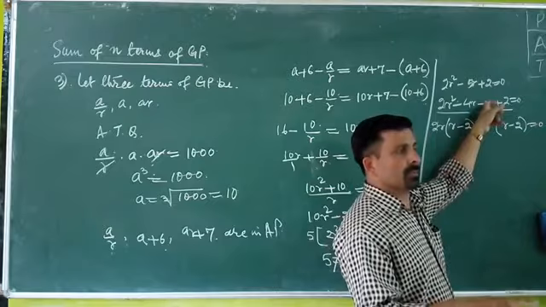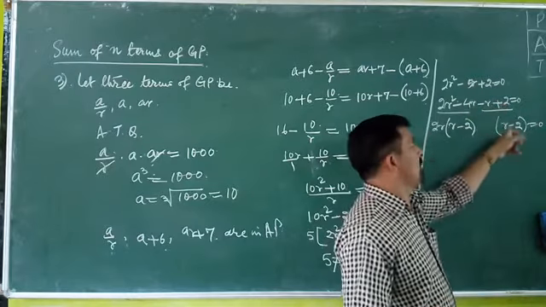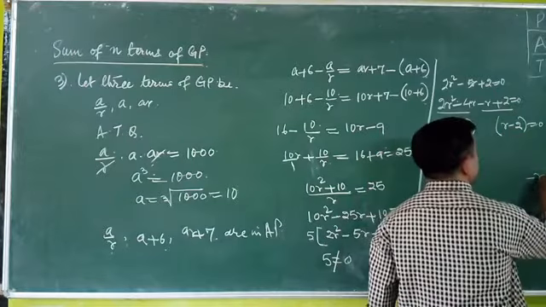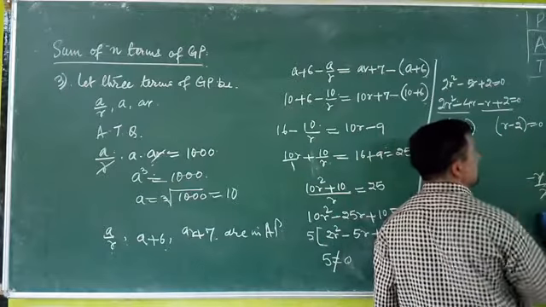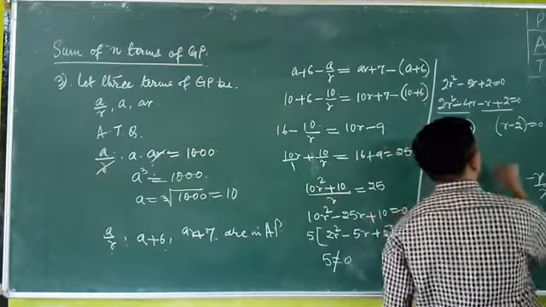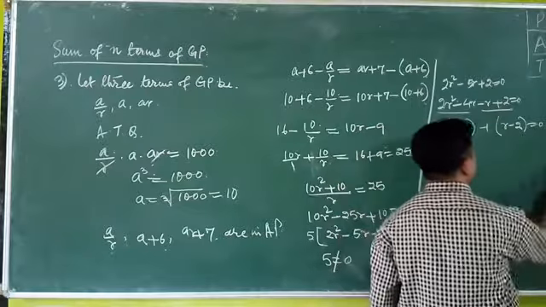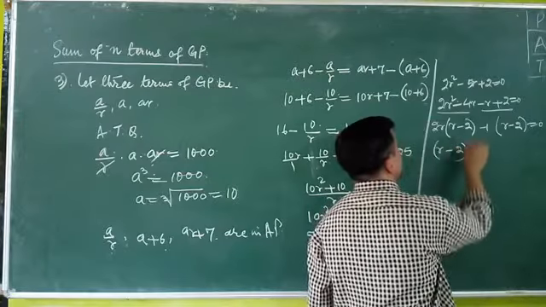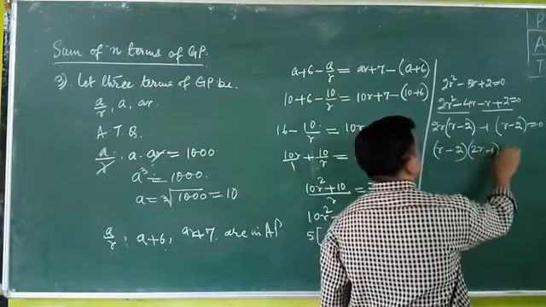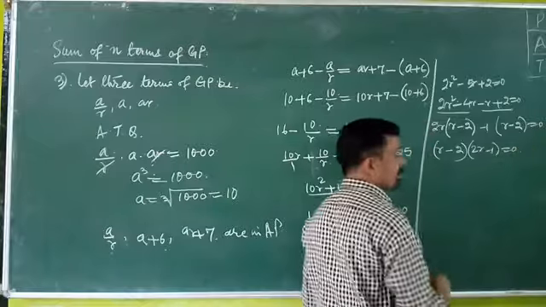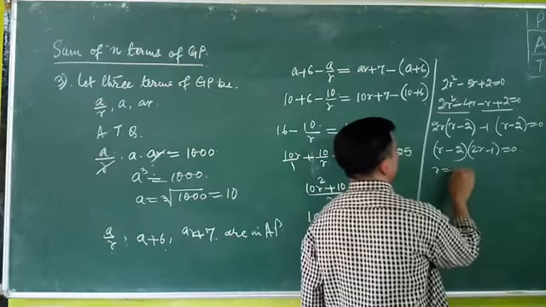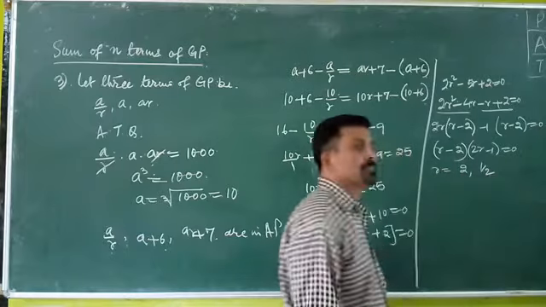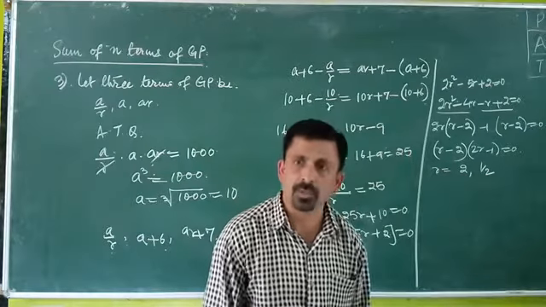Minus r divided by r, how much is left now? Minus 1. And this became the common factor. And therefore, r minus 2 and then 2r minus 1 is your factor. And therefore, r is equal to 2, another value is r equal to half. You get the two factors, no?